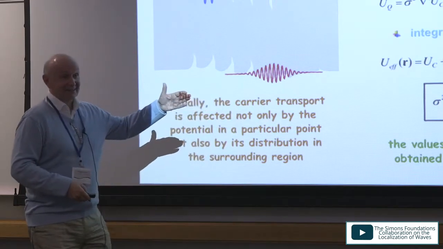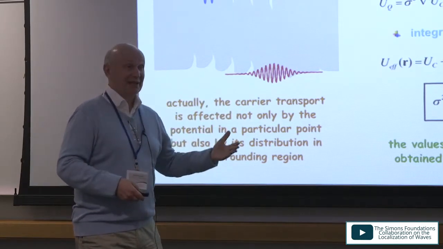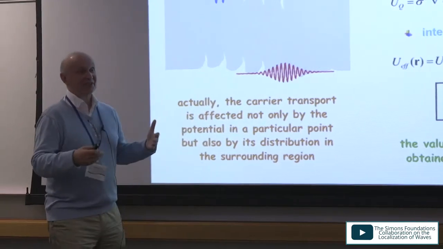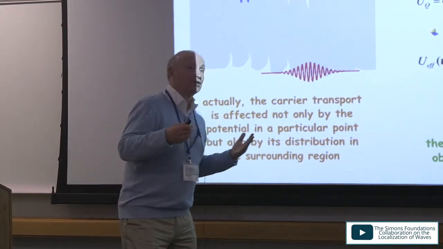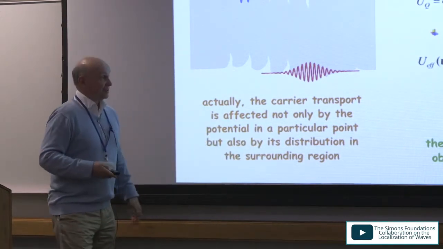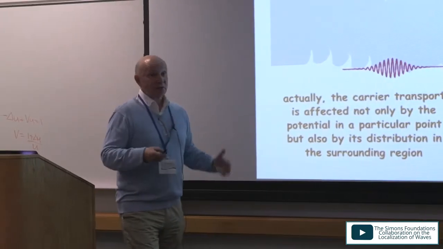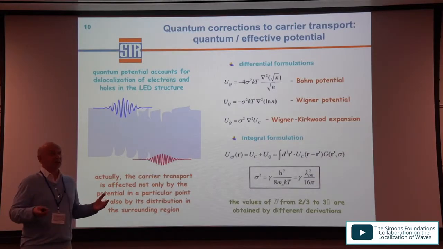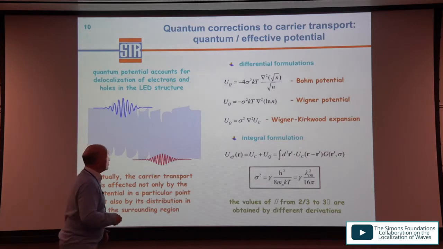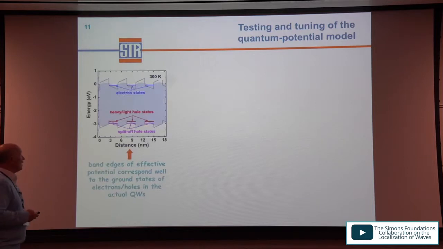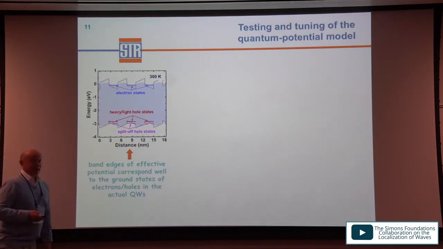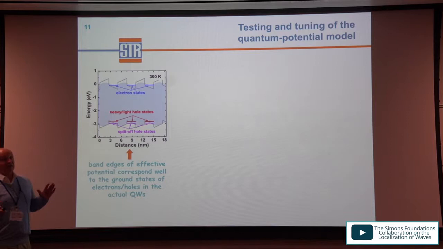Actually, this factor can produce the uncertainty of the order of 10. And this is important. What do people suggest to overcome this uncertainty? They suggest to use the gamma factor as the fitting parameter and to fit the effective potential to particular problems. I would like to show you how we have optimized the gamma parameter.